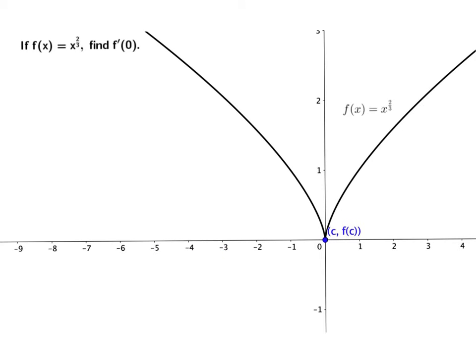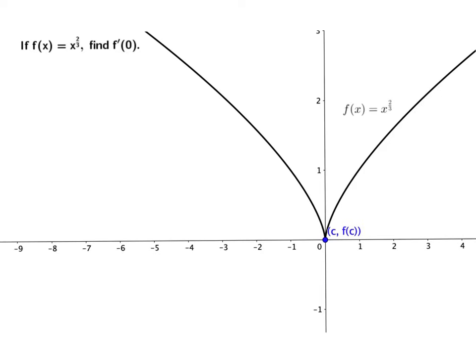Okay, next we're going to look at a function f of x equals x to the 2/3 power, and I included a graph of the function here. Interesting function, and our task is to find the derivative or the slope at x equals 0.